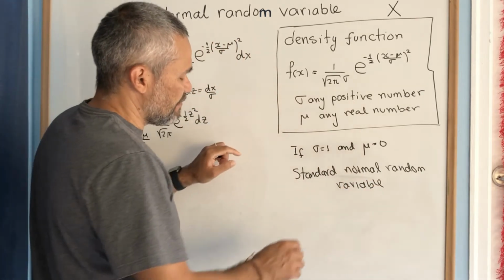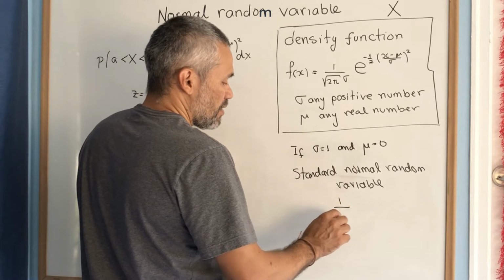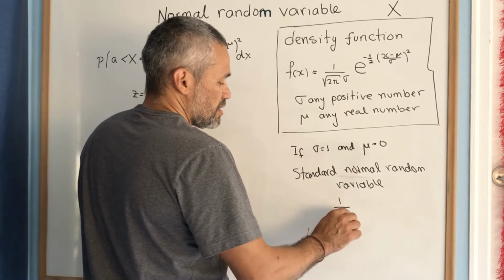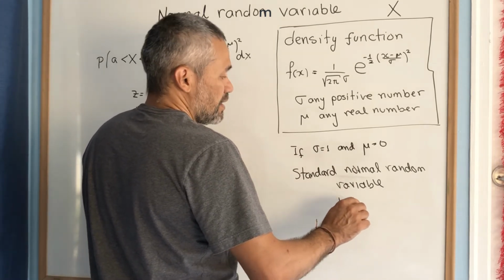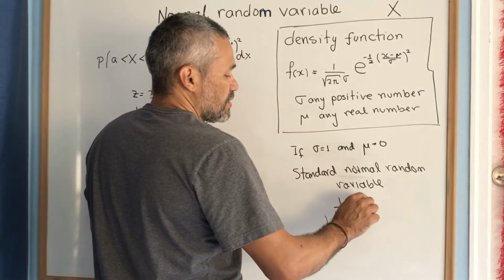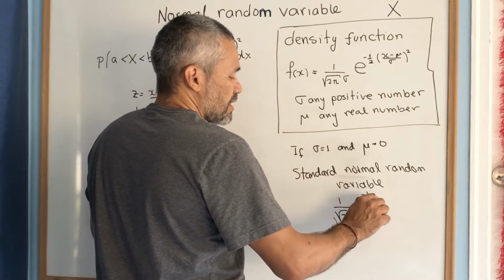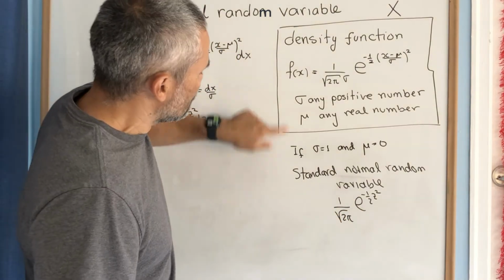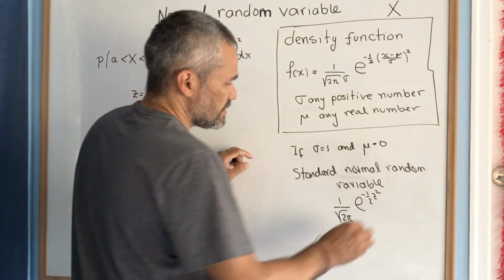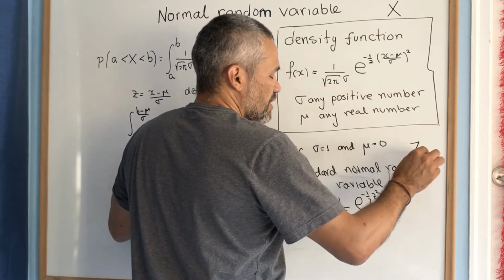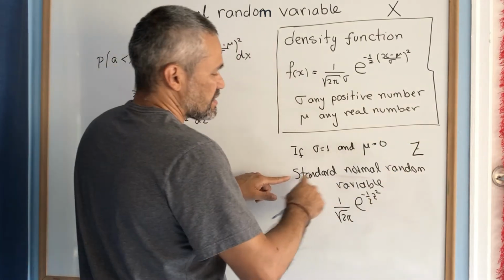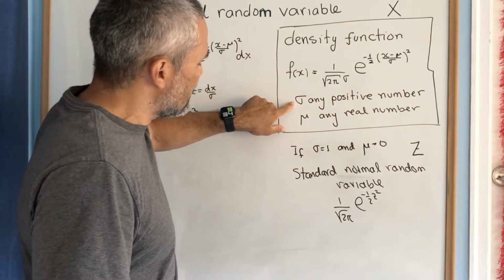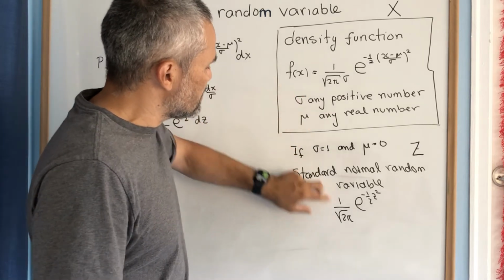And that is given by this formula, 1 over the square root of 2 pi, and e to the negative 1/2 c squared. We're going to be calling this the random variable capital C, for the standard case, that means when sigma is 1 and mu is 0.